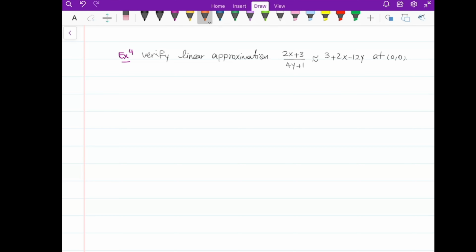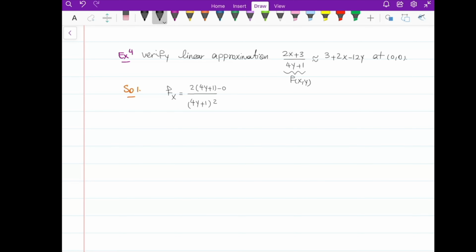Okay, so my function is given, f of x and y. I need to find the partial of that with respect to x. I need to use the quotient rule: over (4y plus 1) squared, the derivative of the top times the bottom minus the derivative of the denominator with respect to x, which is 0, times the top, 0.